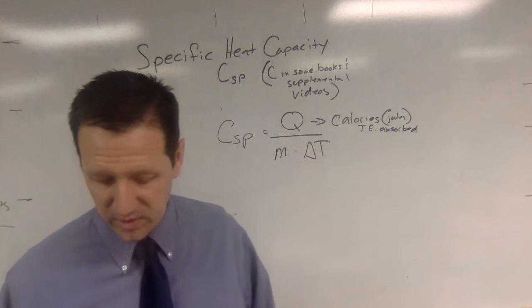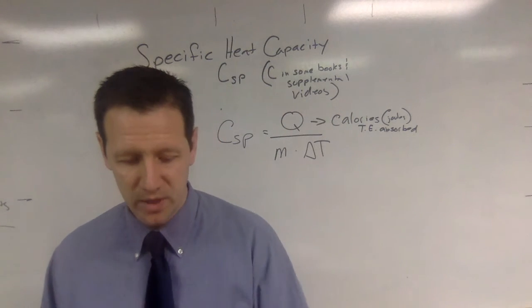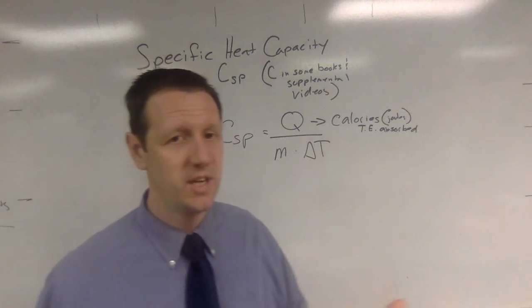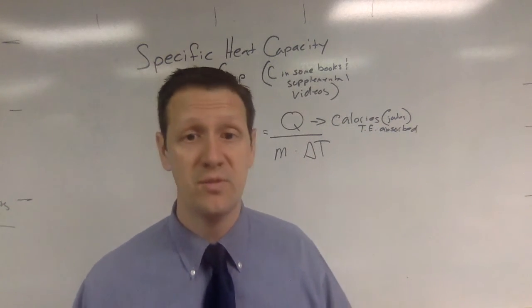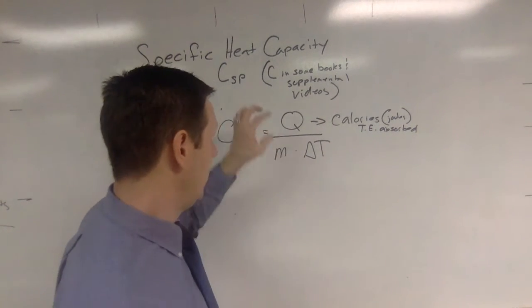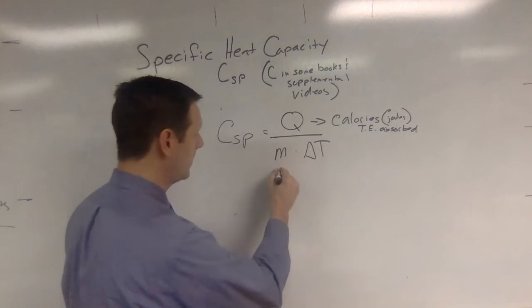So if we want to calculate the specific heat capacity of this piece of metal, we would need to know how many calories of thermal energy it absorbed. Did it absorb 10 calories, 100 calories, 500 calories? If we get that number or calculate that number, we can put it at the top of the fraction. Then we need to know the m, that's the mass.